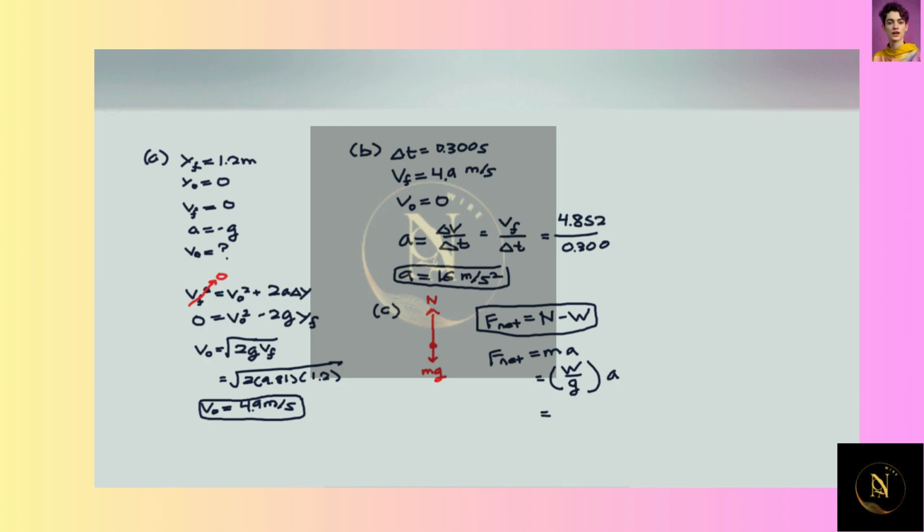Plug in some numbers. We're told that his weight is 890 newtons, and multiply that by acceleration, which we saw was 16, and then divide by acceleration due to gravity, 9.81. So his net force must be 1,500 newtons, just two significant figures.